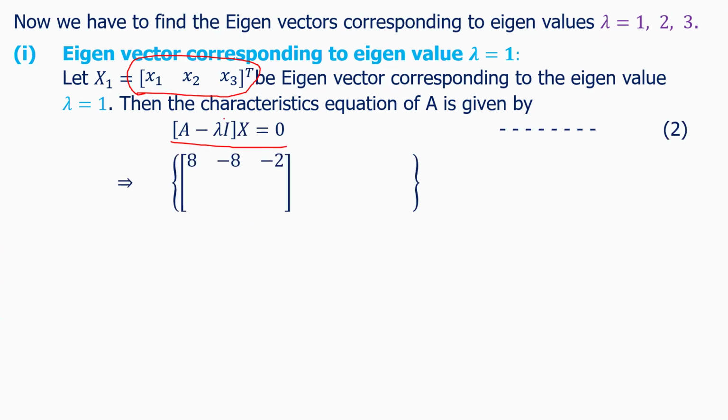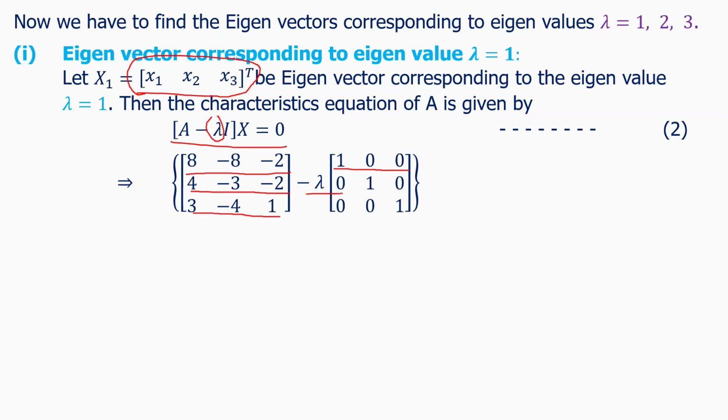What is A? A is [8, -8, -2; 4, -3, -2; 3, -4, 1], minus lambda times I, where I is the identity matrix of order 3, multiplied by x1, x2, x3, which is equal to 0, 0, and 0.